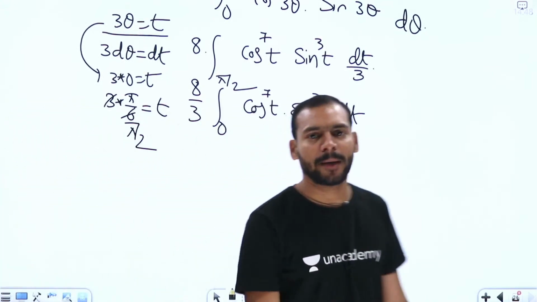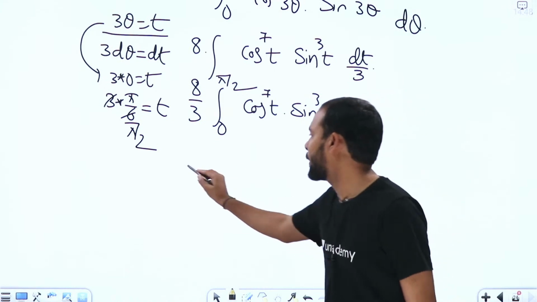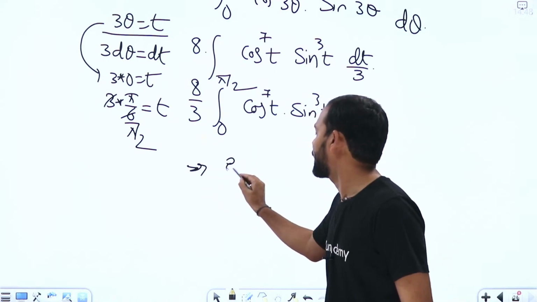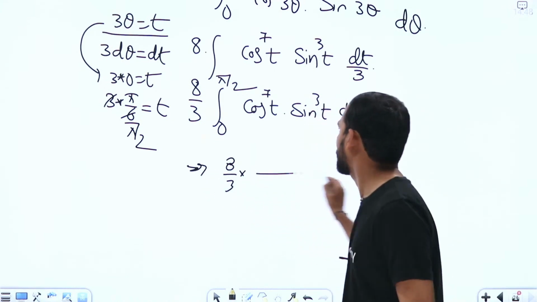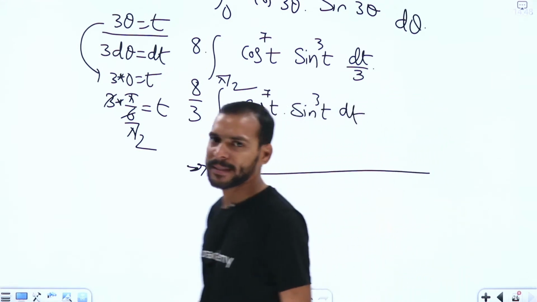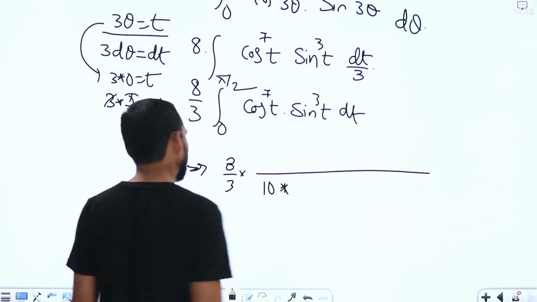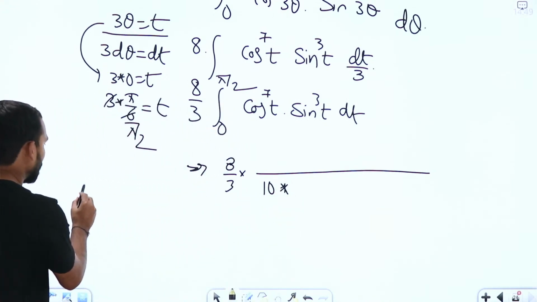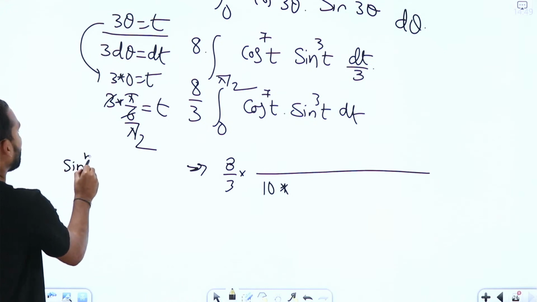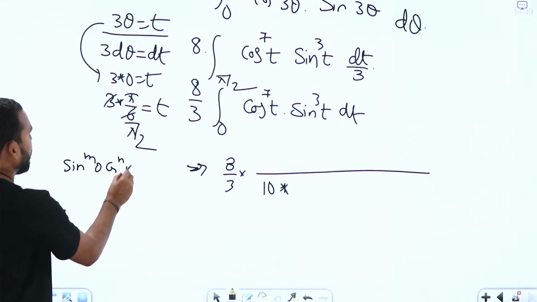Now here we can apply the reduction formula, which is 8 by 3 into, what is m plus n here? This is going to become 10. So let me write the formula: we know sine power m theta into cos power n theta d theta.